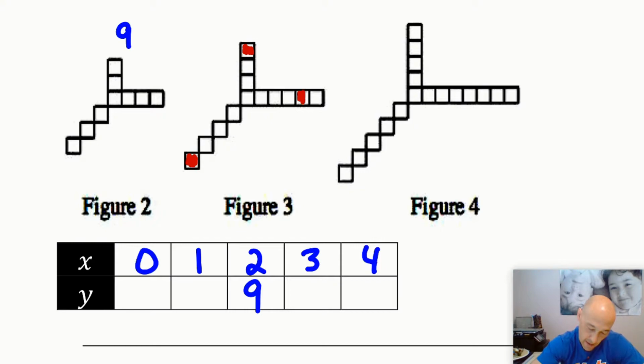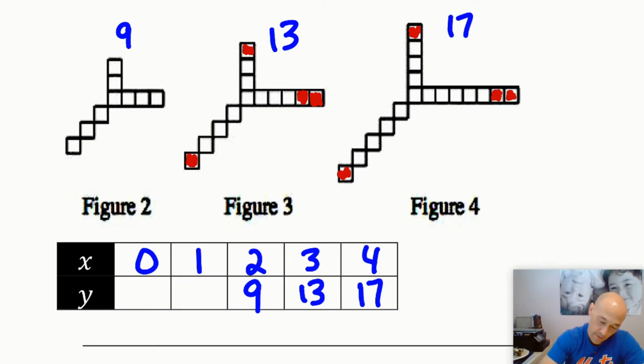So we have to add 2 there. So since this was 9 and we're adding 4, this has to be 13. And likewise, we're going to add 1 here, and 2 there. So we're going to have 17.